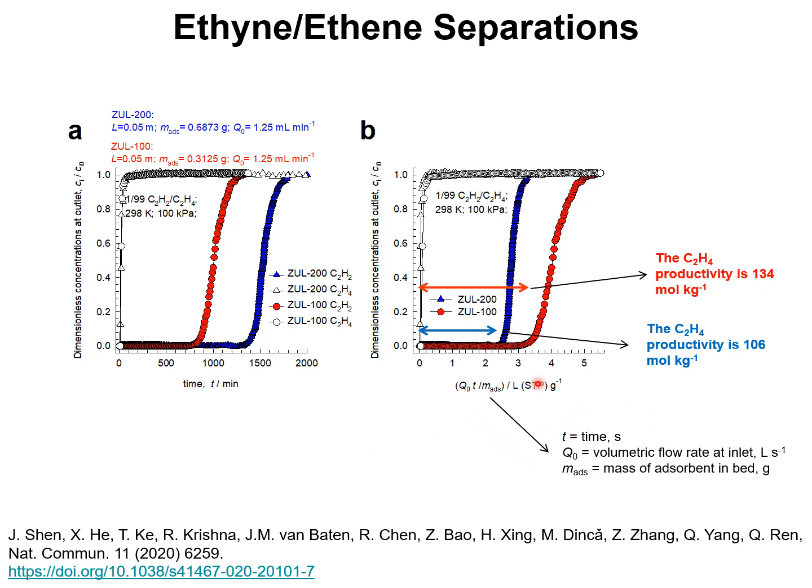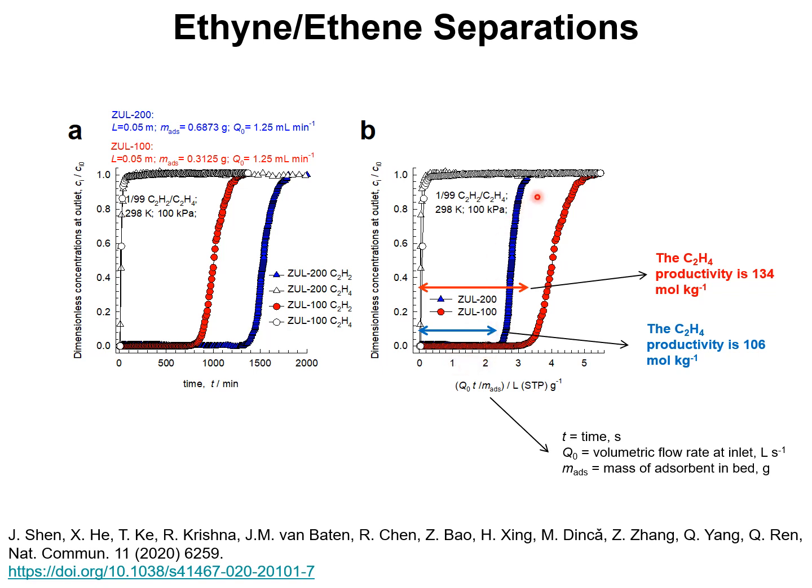Using this as a modified time parameter, we note that the time interval during which purified ethene may be recovered is longer with ZUL-100, indicated by the red arrow, than that indicated by the blue arrow for ZUL-200.